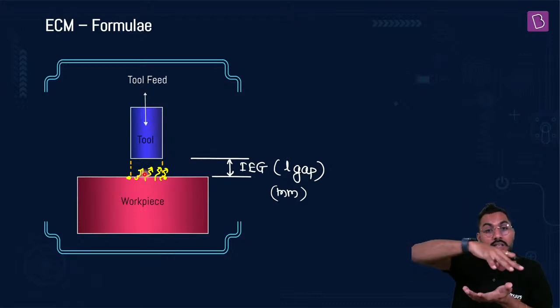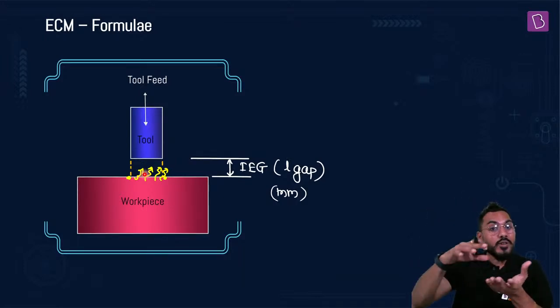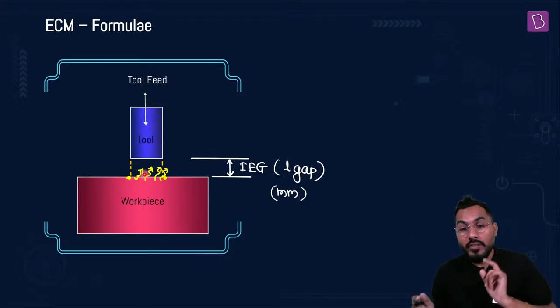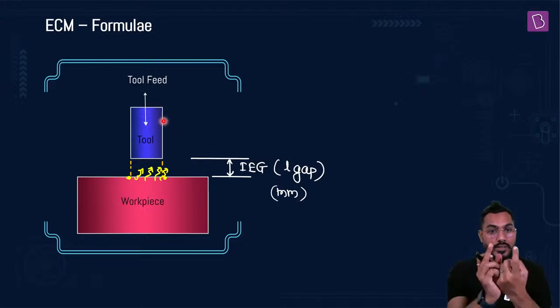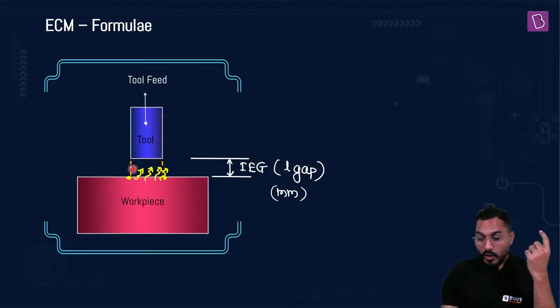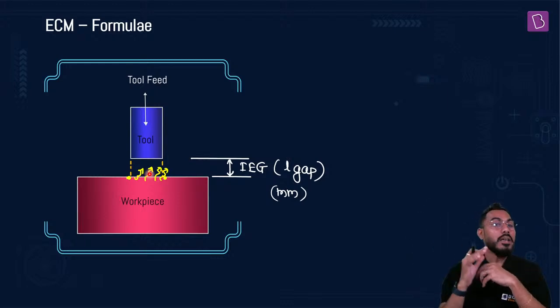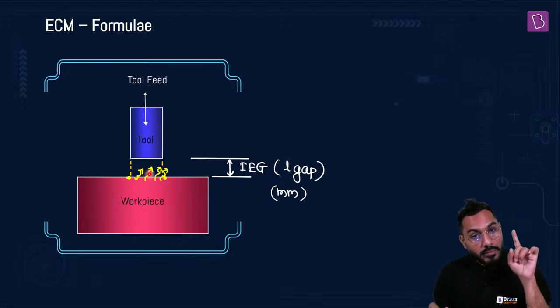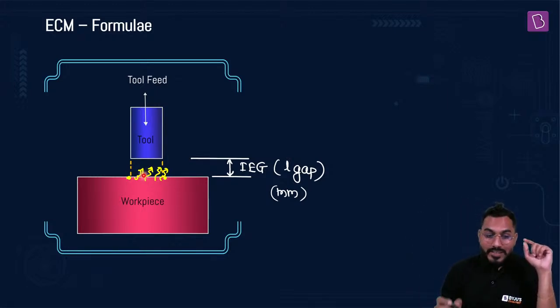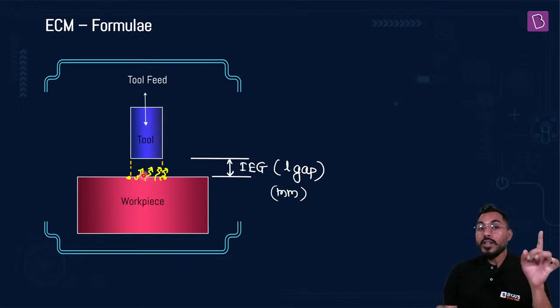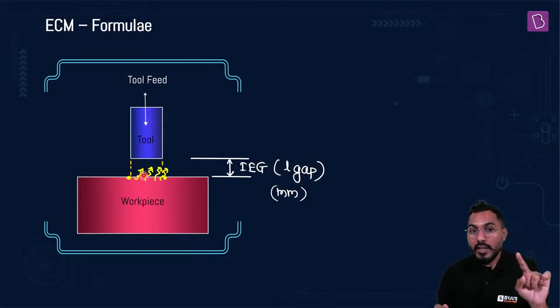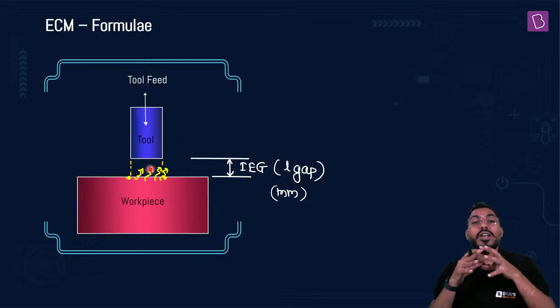That means whichever depression or hole gets created in the workpiece will have the same cross section as the tool. If the tool has a circular cross section, only through that circular cross section will the workpiece start depleting ions. If my tool has a triangular cross section, only from that triangular cross section will ions get depleted, which means whatever cross section of the tool I select, the same cross section of the hole will get created here.